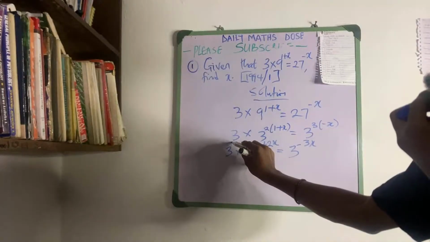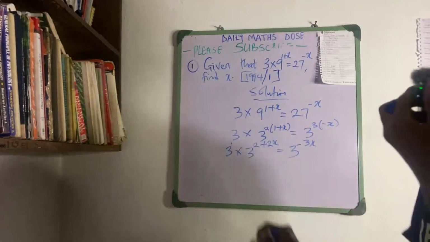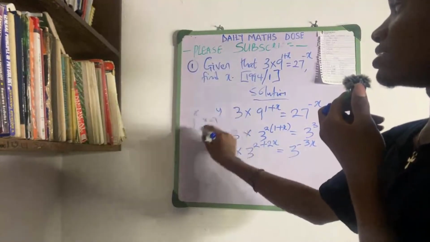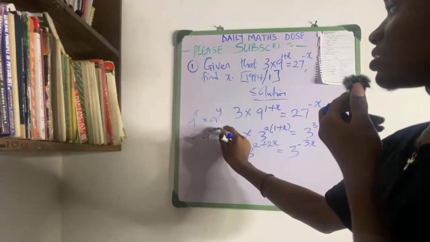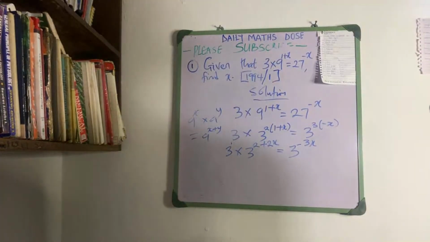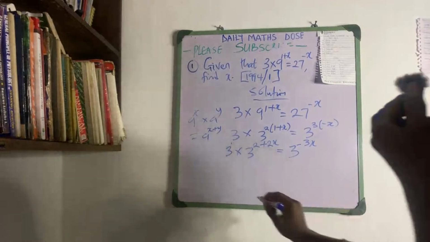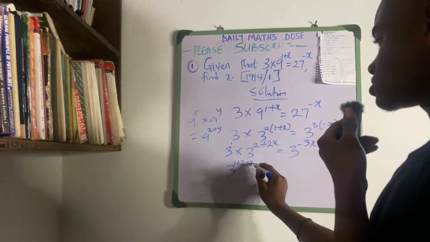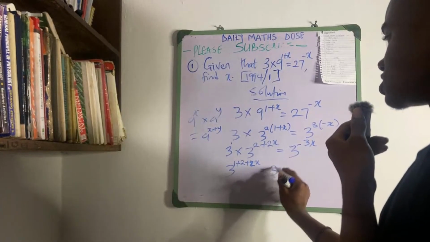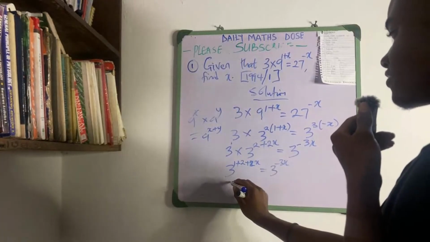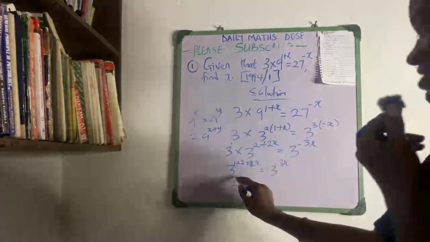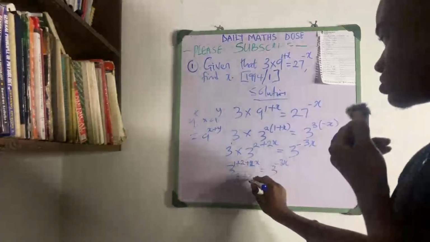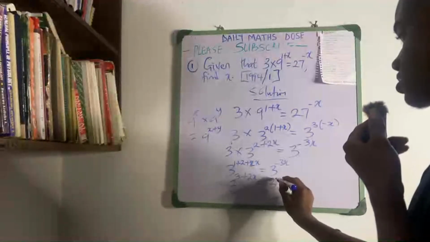I know that the power of this is 1 because of the indices law that says a raised to power x times a raised to power y is equal to a raised to power x plus y. So we add their powers: 3 raised to power 1 plus 2 plus 2x equal to 3 raised to power minus 3x. So we have 3 raised to power 3 plus 2x equal to 3 raised to power minus 3x.